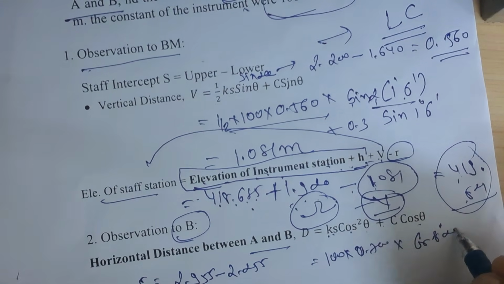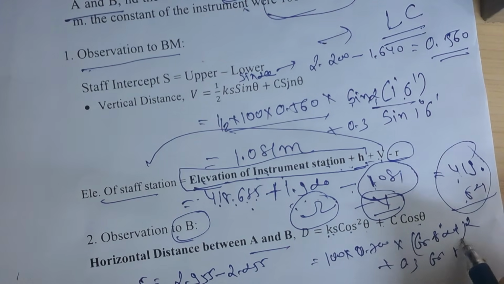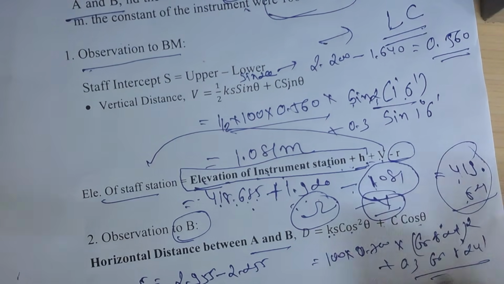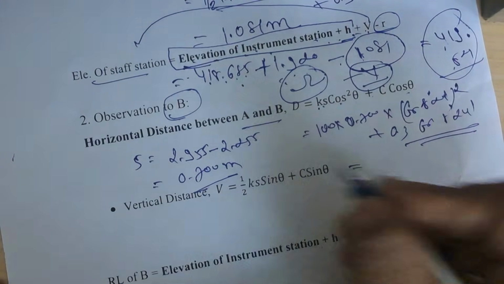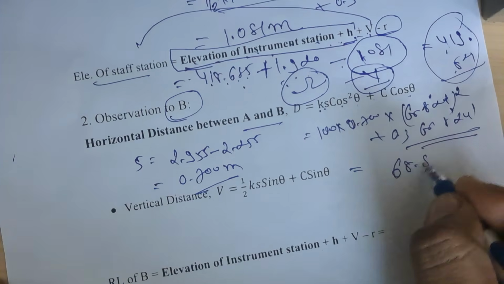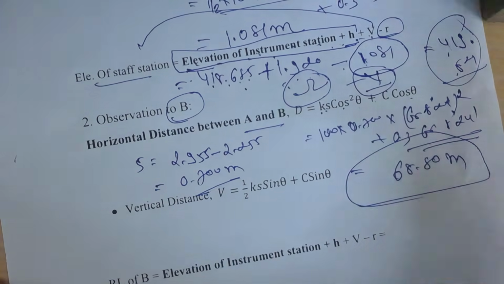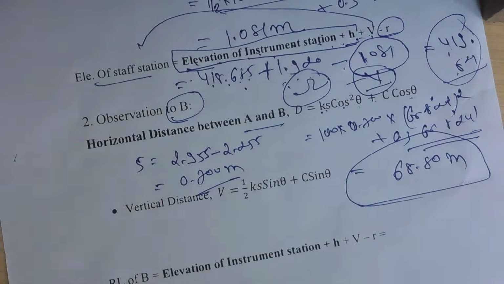So cos square of 8 degrees 24 minutes, plus c is equal to 0.3 cos again 8 degrees 24 minutes. Now again find the answer of this value. So the answer is equal to 68.80 meter. Okay, so this is the horizontal distance between A and B.